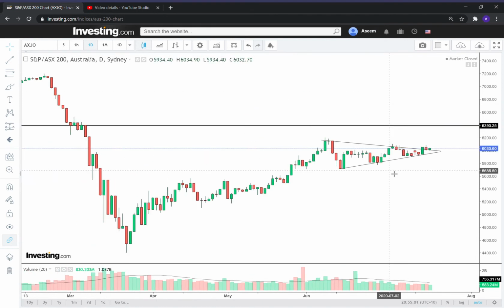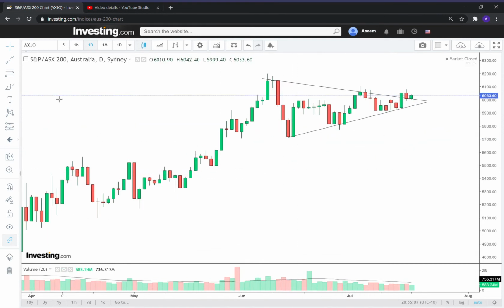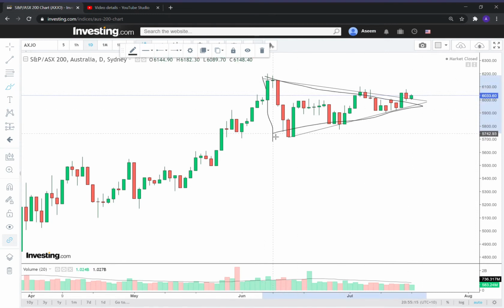Here what I see is one of the continuation patterns happening, which is called a symmetrical triangle. This formation getting formed here is a triangle which is symmetrical in nature, and it's considered to be a good continuation pattern.